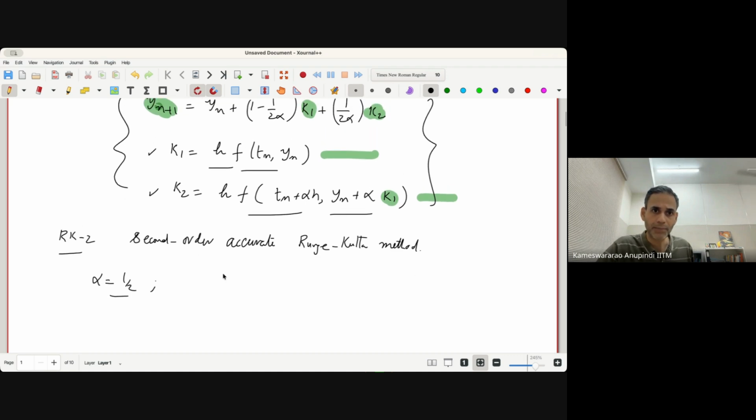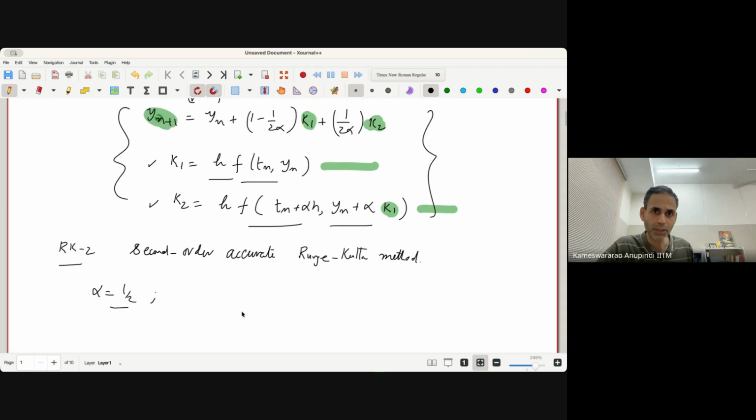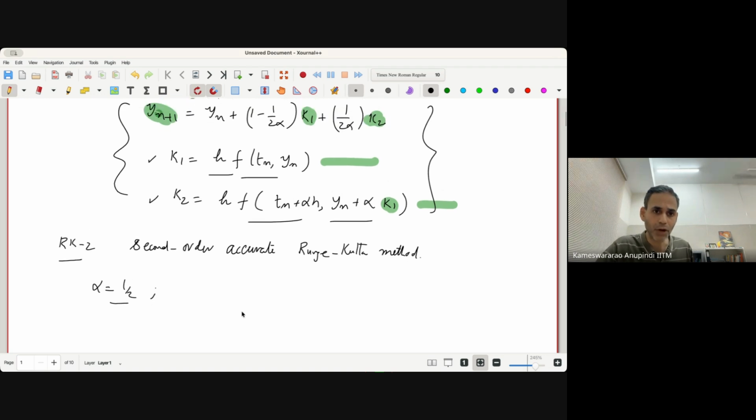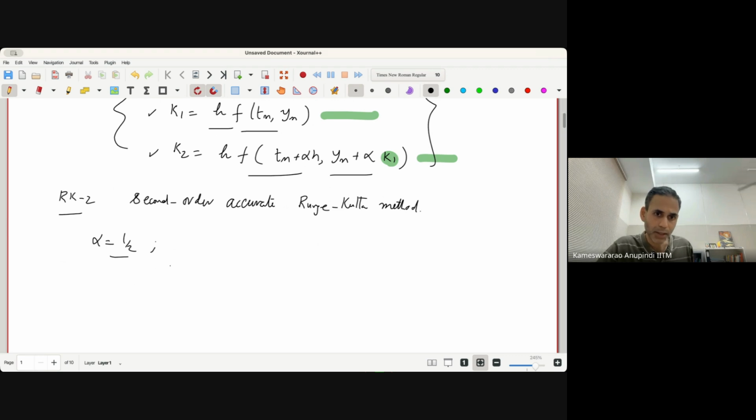In general, these equations are written in a slightly different form in the RK2 method, in what is known as a predictor corrector form, in which it is written as yn plus half star equals h times f of Tn comma yn.